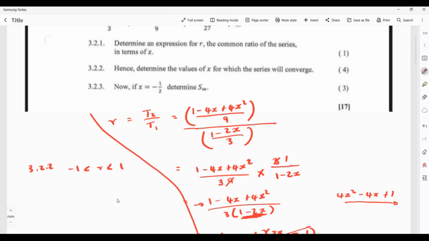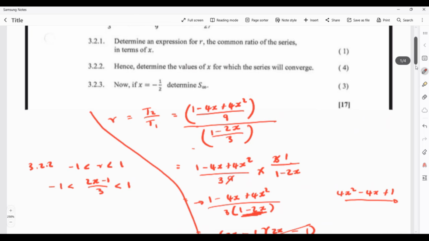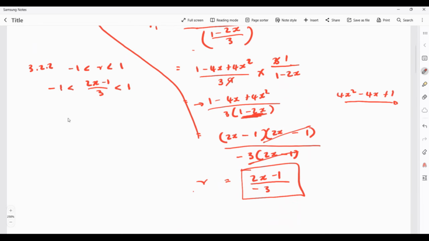That is for a converging series. We have simplified r over there in 3.2.2, so it's basically going to be negative 1 less than 2x minus 1 divided by 3, and then this will be less than 1. From there, we're just going to simplify this.